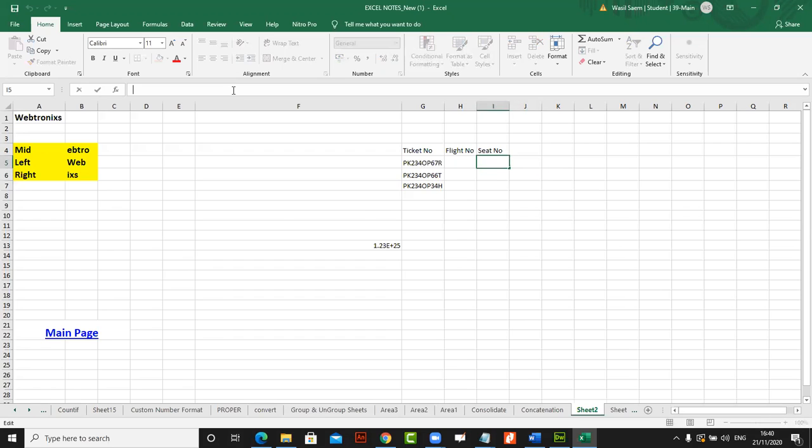So how do we get this 7 and 8? It equals MID of this, comma 7, comma 2, which means starting at the 7th, extract 2 characters. So I get these 2 seat numbers.